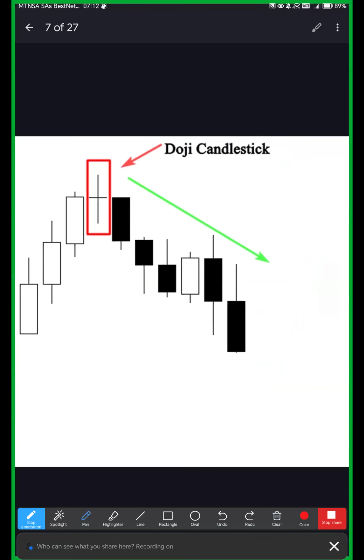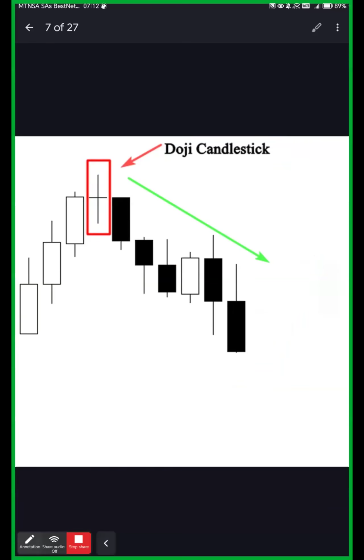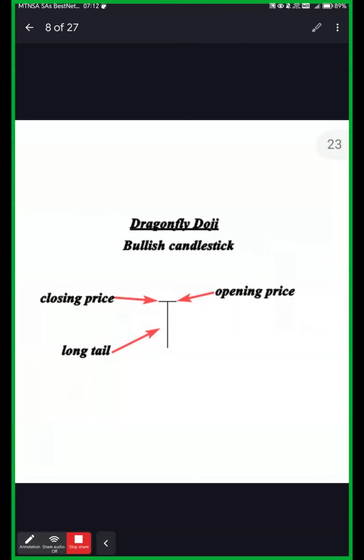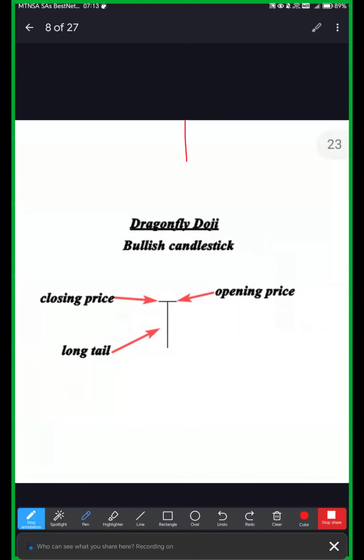So let's come here and look at one type of doji, which is called the Dragonfly doji. Remember, we just looked at doji in general, but now we want to look at their classes. These dojis are classified into two.